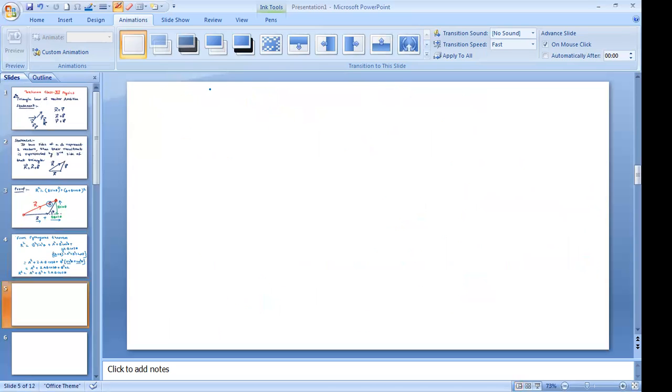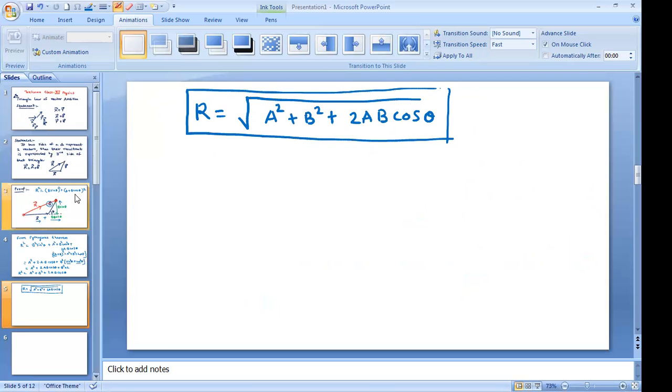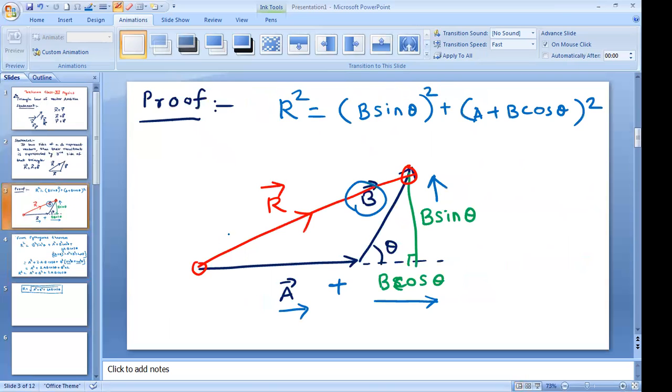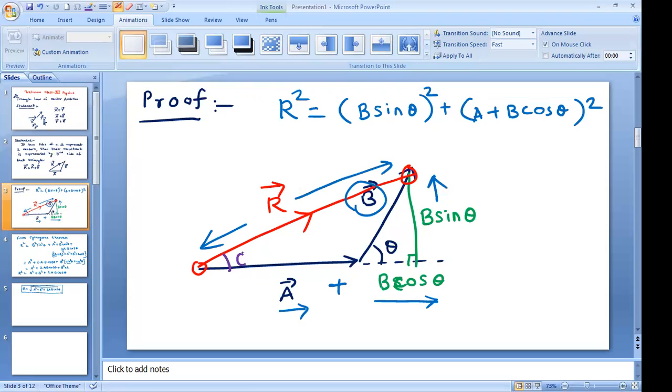Now, finally, I'll write vector R magnitude is given as square root of A square plus B square plus 2AB cos theta. So this is my mathematical proof for triangle law of vector addition. But since we are dealing with vectors, I have just found out the magnitude, that is the length of this R. I still have to find out angle alpha.